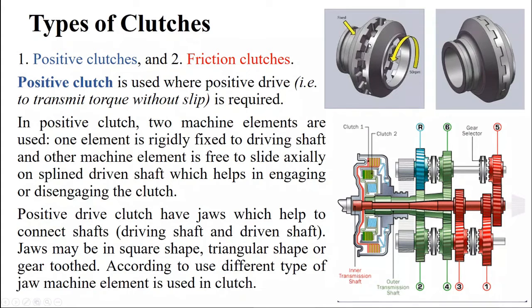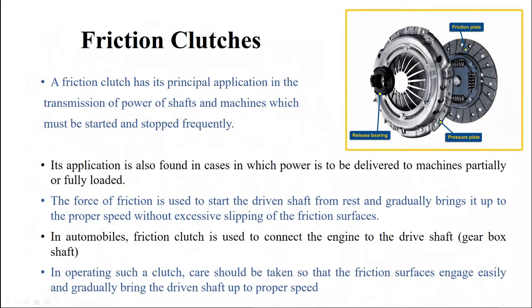So this perfect match and synchronization has to be obtained in order to engage them. If this is not matched, the teeth may break. The life of your clutch may go down. Unnecessary noise, some mechanical failure may occur. But in case of our friction clutch, you just have to bring two plates together.